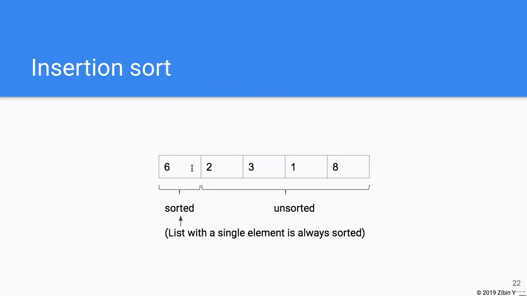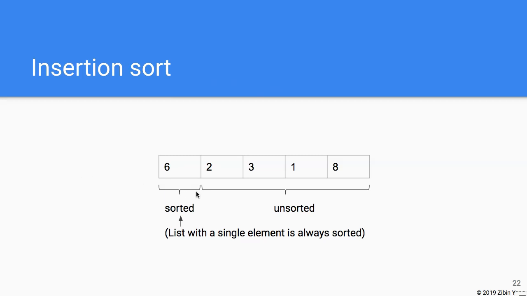Here is a list of 5 elements: 6, 2, 3, 1, and 8. So as I said, we divide this list into two parts. The left part is sorted, and the right part is unsorted. Now we can start with the sorted part having a single element, because a list with a single element is always sorted.